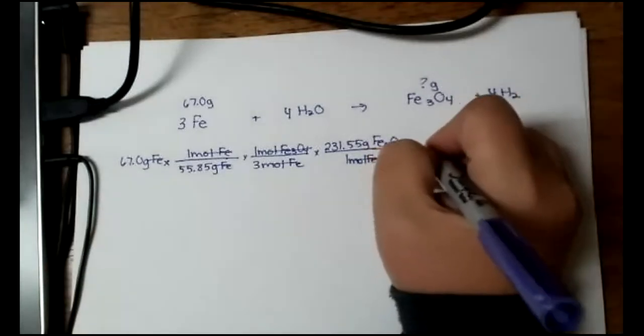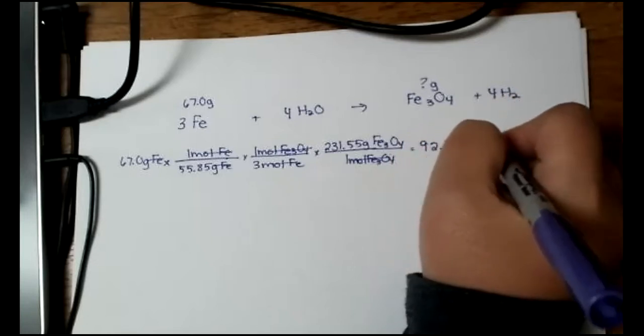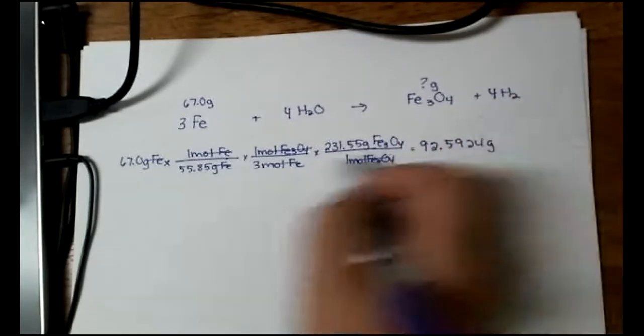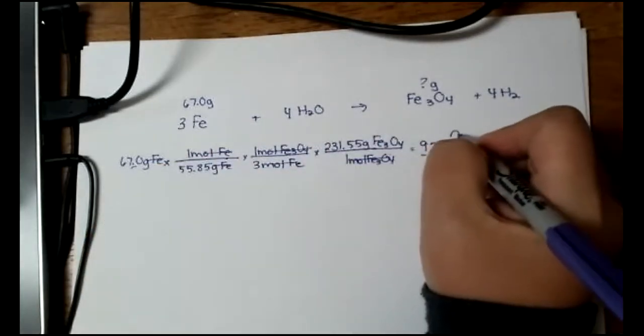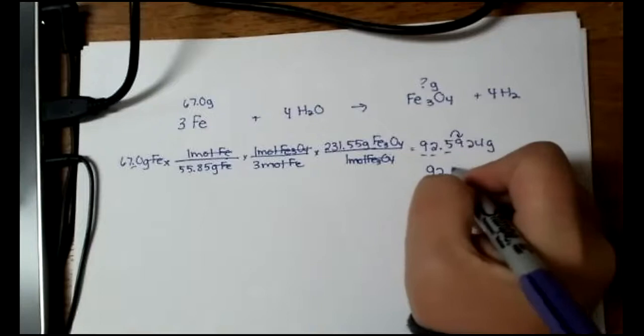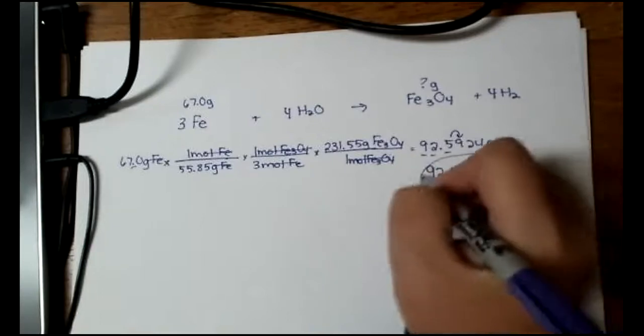And I get 92.5924 grams. So 3 sig figs: 1, 2, 3. So it's 92.6 grams of iron oxide.